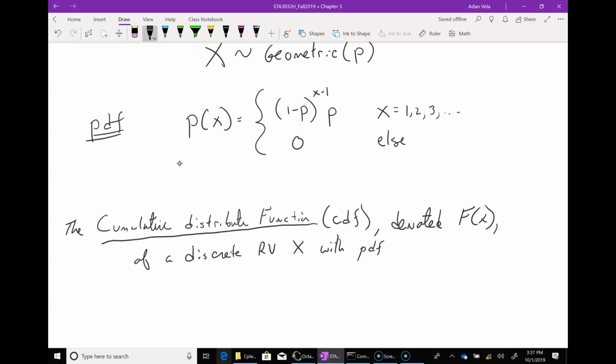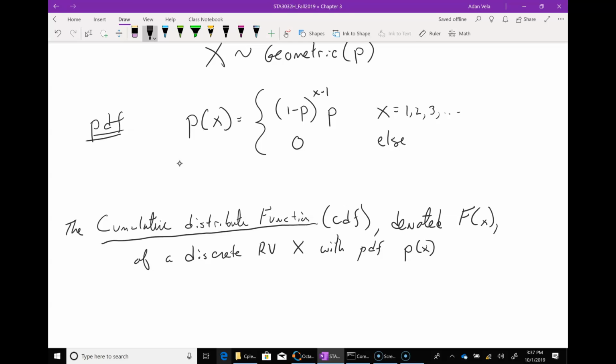So this cumulative distribution function denoted F of x, and let me be clear here, this is a small x.